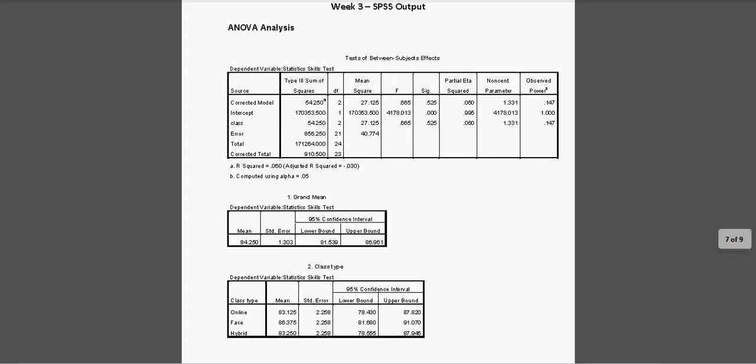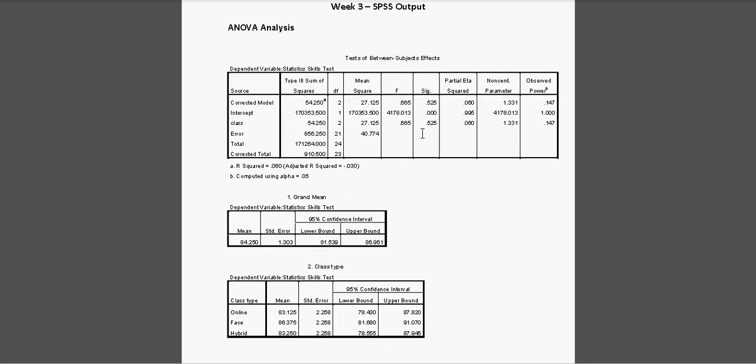And then here are our ANOVA results on the last page. The important point is to look at the effect of your independent variable. Remember, our independent variable in this case is class. And again, just like with our t-test, the big thing is that level of significance: greater or less than 0.05?